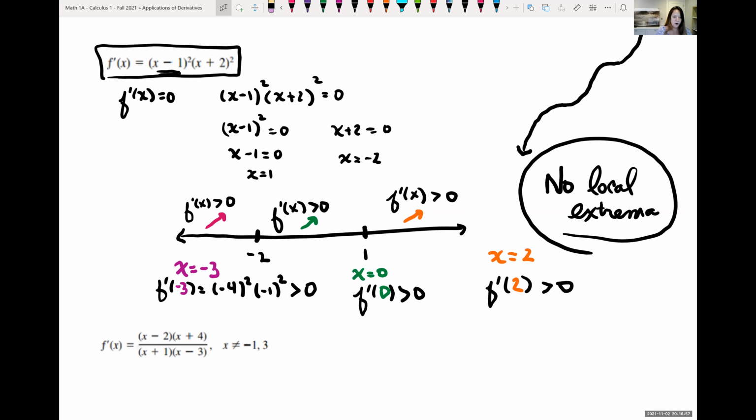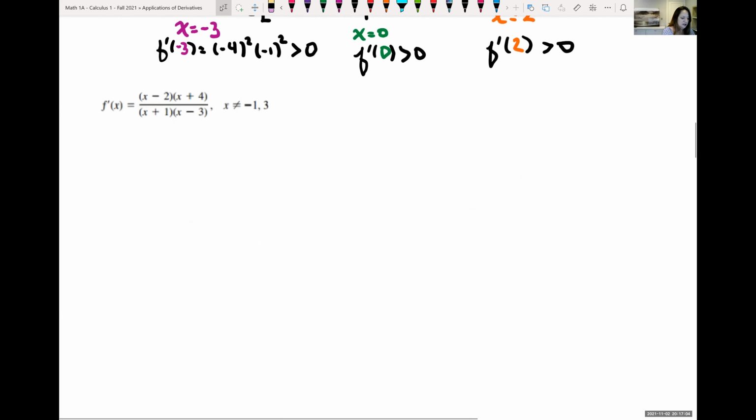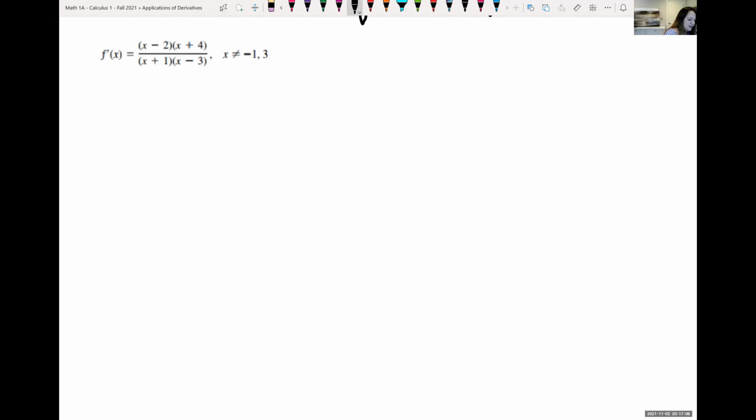We want to figure out where our derivative is equal to 0. And those are also critical values. So when is f prime of x equal to 0? We're going to have 0 is equal to x minus 2, all times x plus 4.